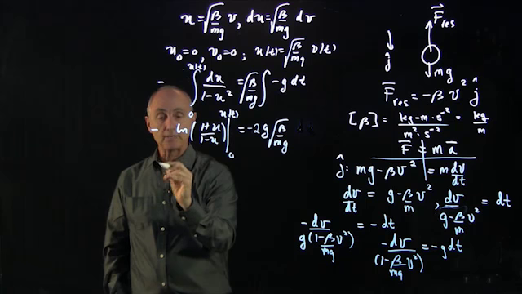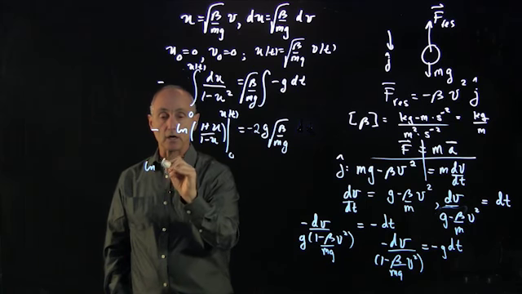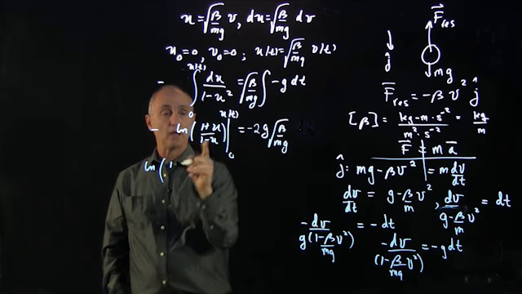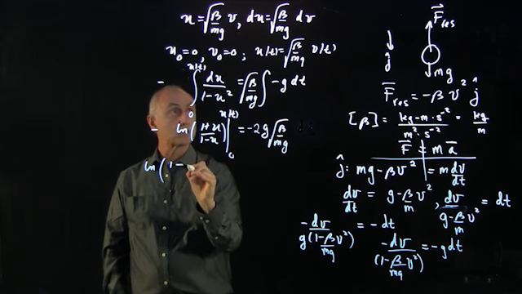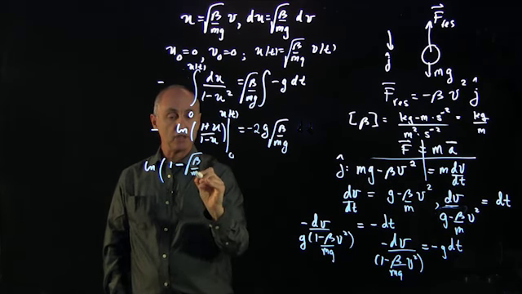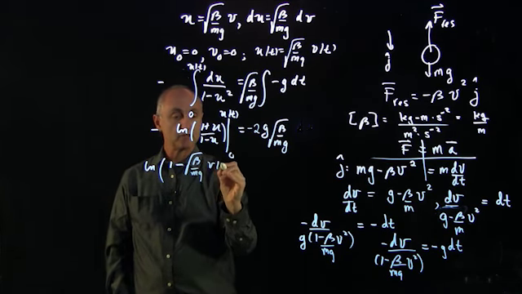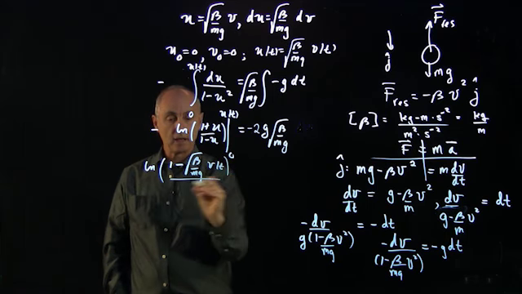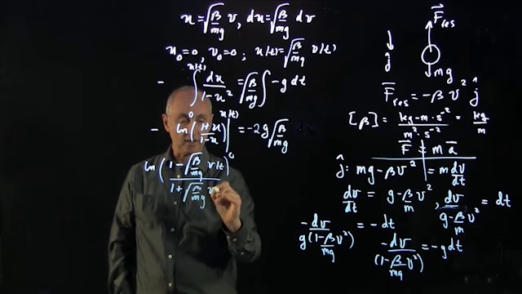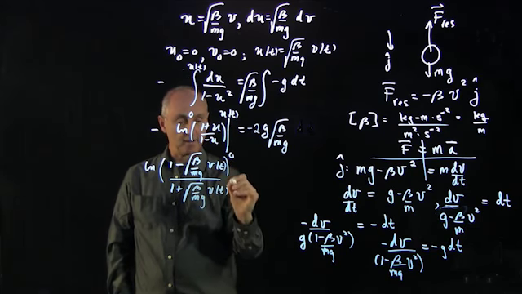So when I put my limits in, I have the natural log of, now remember, what are our limits? We have 1, I'm flipping, minus square root of beta over mg times v of t, over 1 plus square root of beta over mg times v of t.